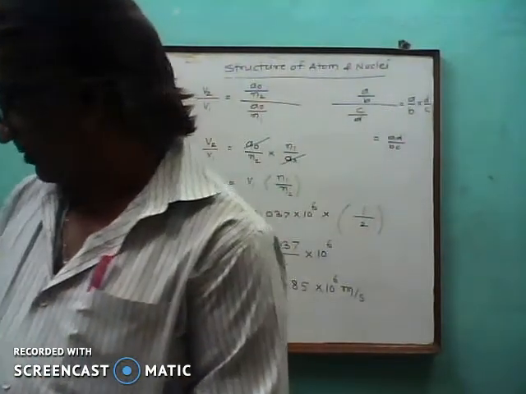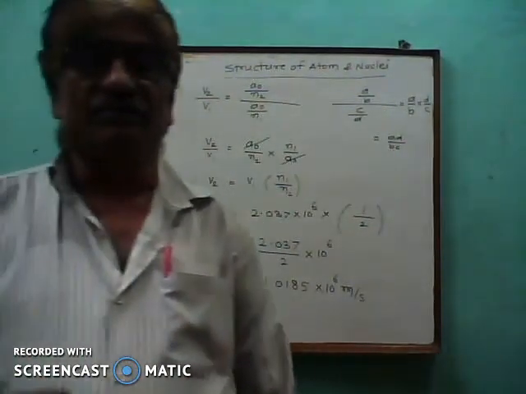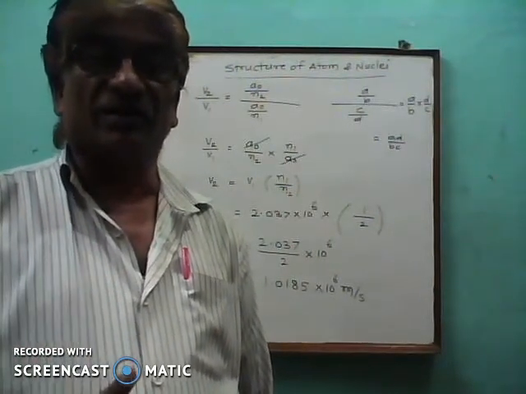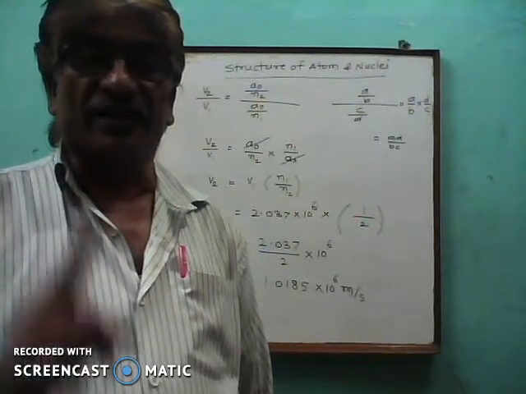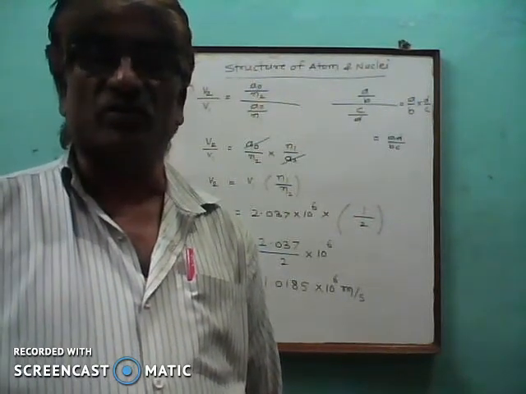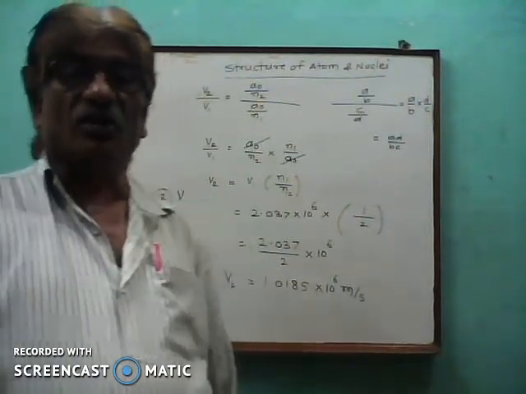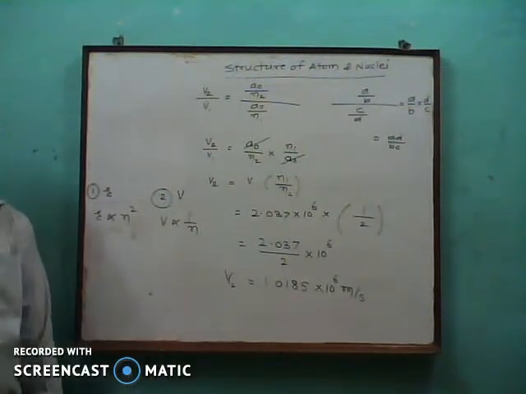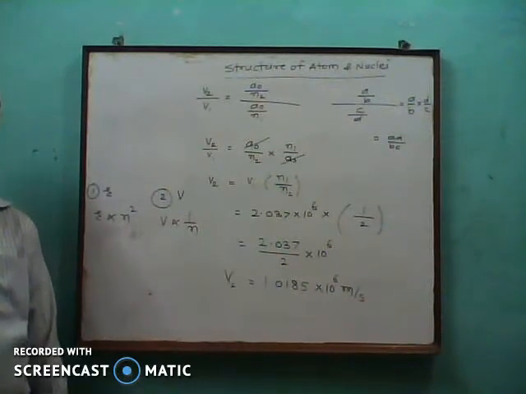So two main formulas are seen: the radius of the orbit and the velocity of the electron in Bohr's theory of hydrogen atom.